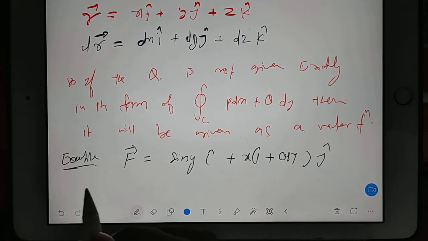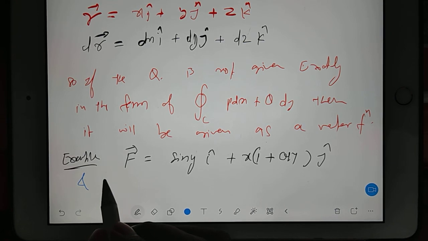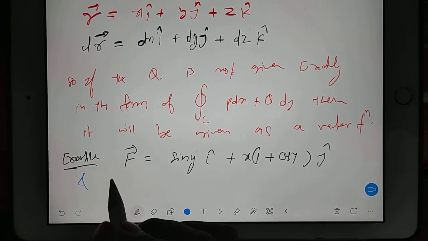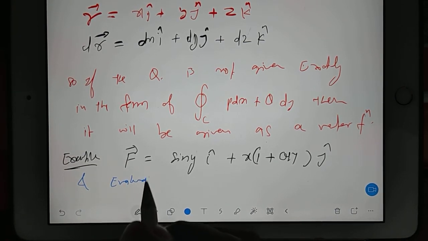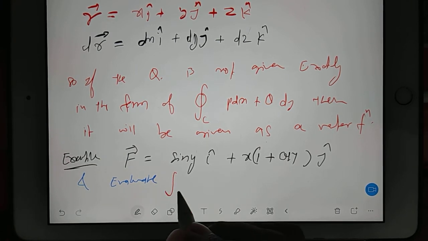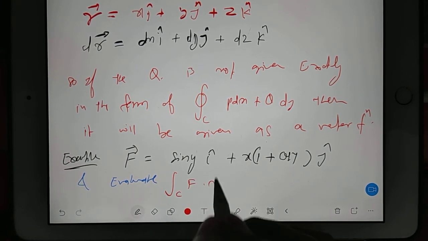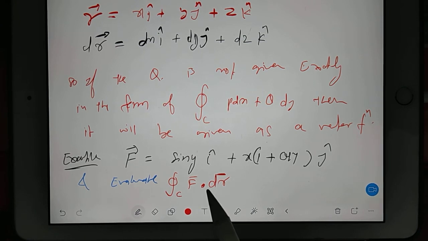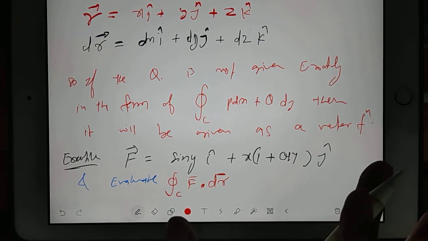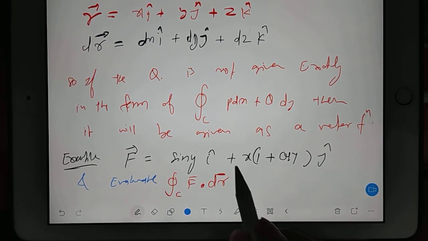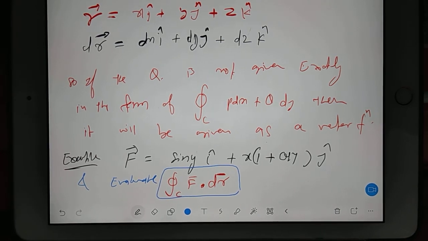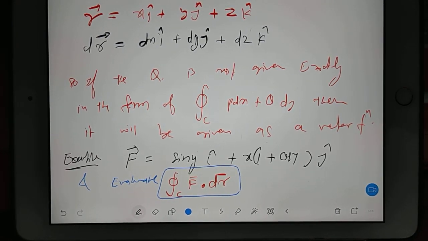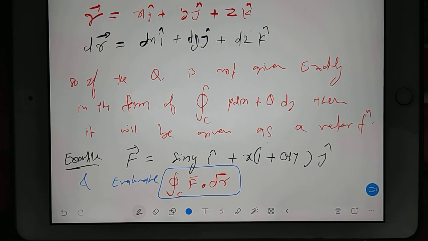Now, evaluate the integral over C of F·dr. Both are vectors. This is a dot product and this is cyclic. Still, this is a line integration, but you get my point.